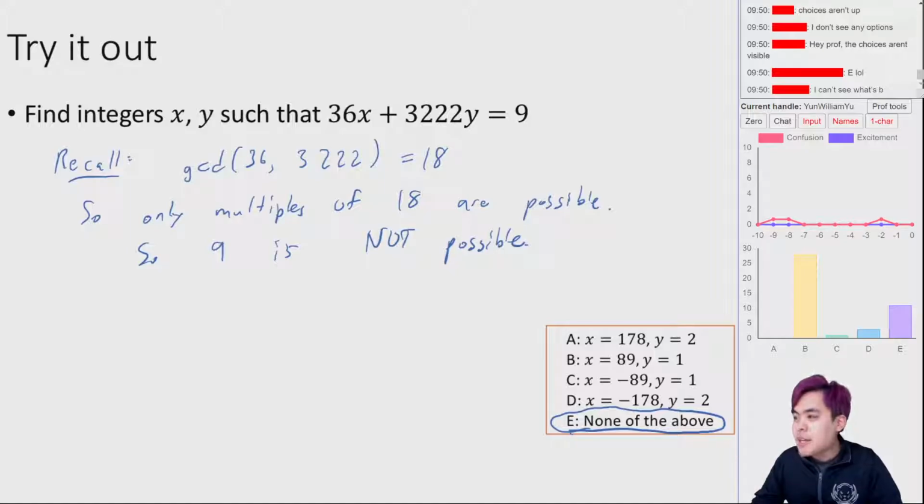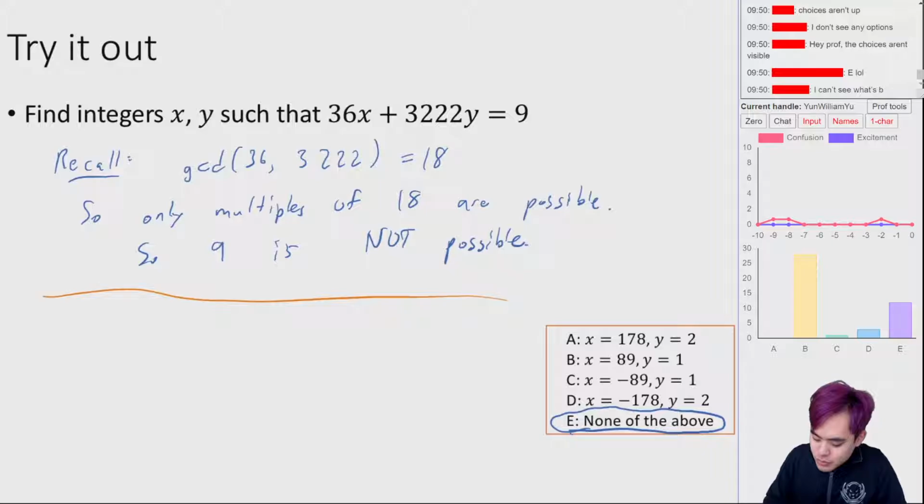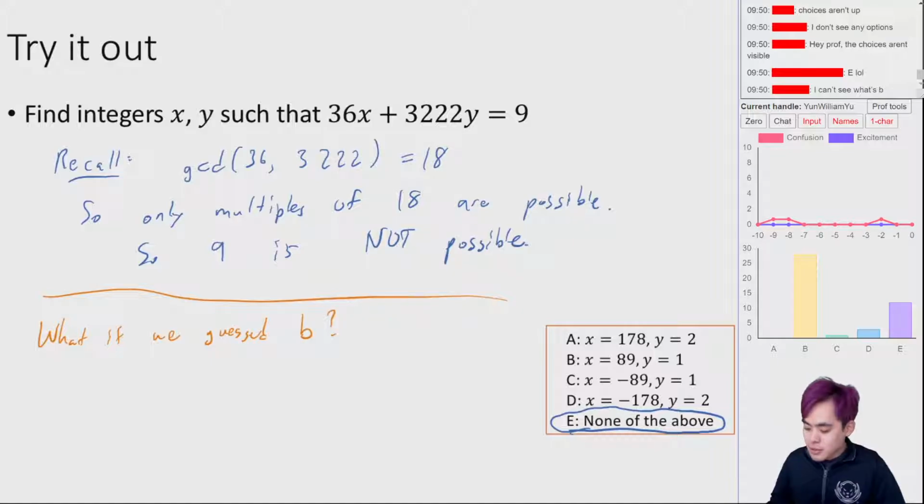Now, a lot of you guessed B. But remember, when we talked about how to solve a problem in the last lecture, one of the things you should do once you've guessed an answer is double check whether your answer was right. So, for example, what happens if we guessed B, which a lot of you did? One way you can double check is to plug those numbers back in and see if things work out.